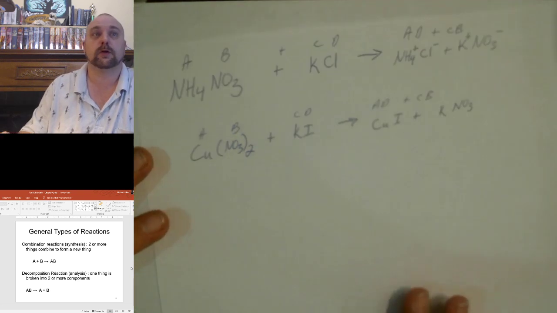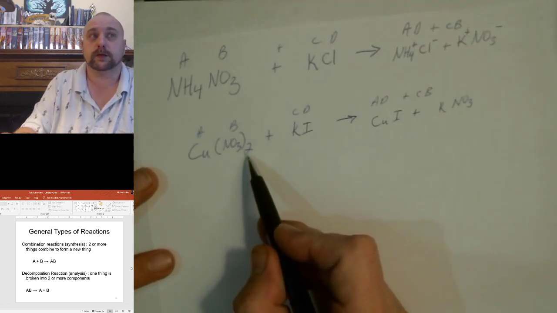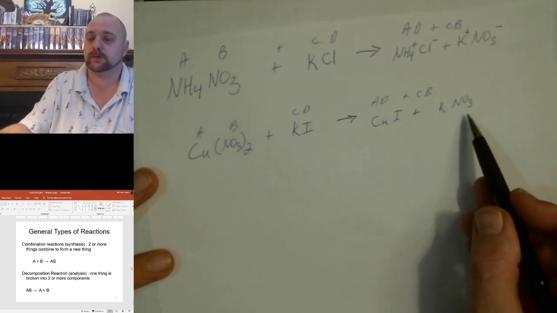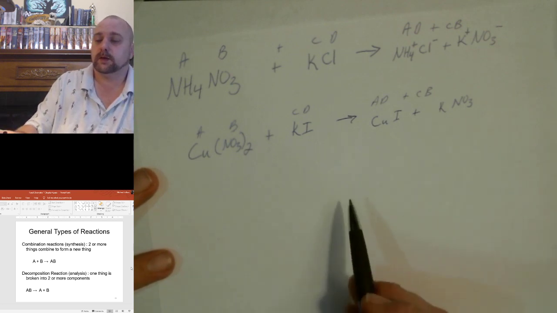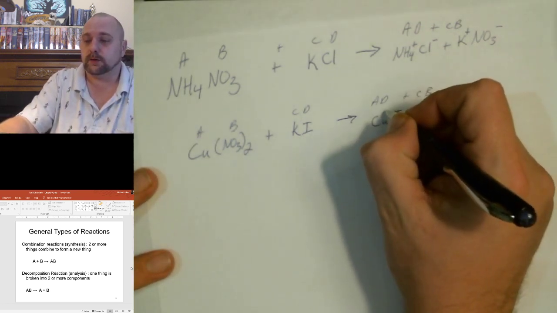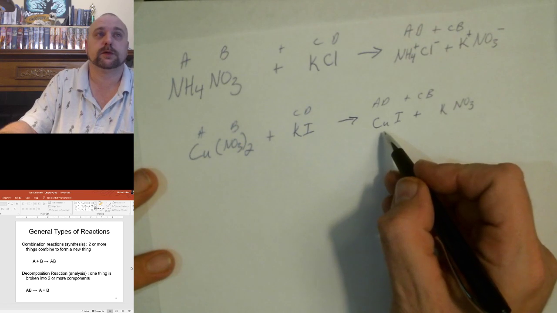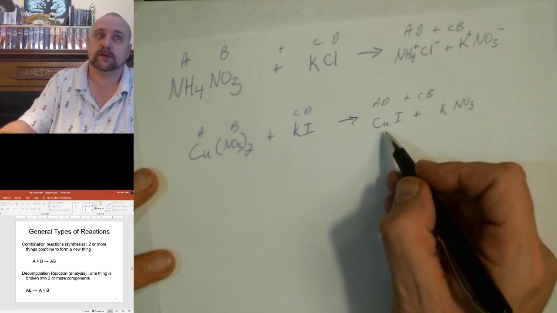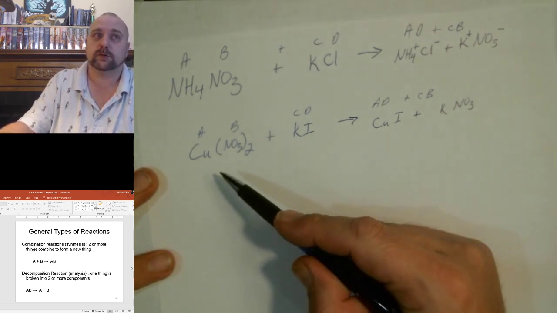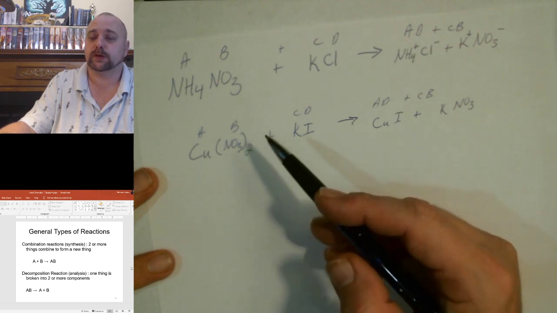The 3 is part of the piece. Notice I did not bring the 2, just the 3 because it's part of the piece. Now the problem here is copper can have multiple different charges. But this is a double displacement. Whatever its charge is on the left, that's what the charge will be on the right.